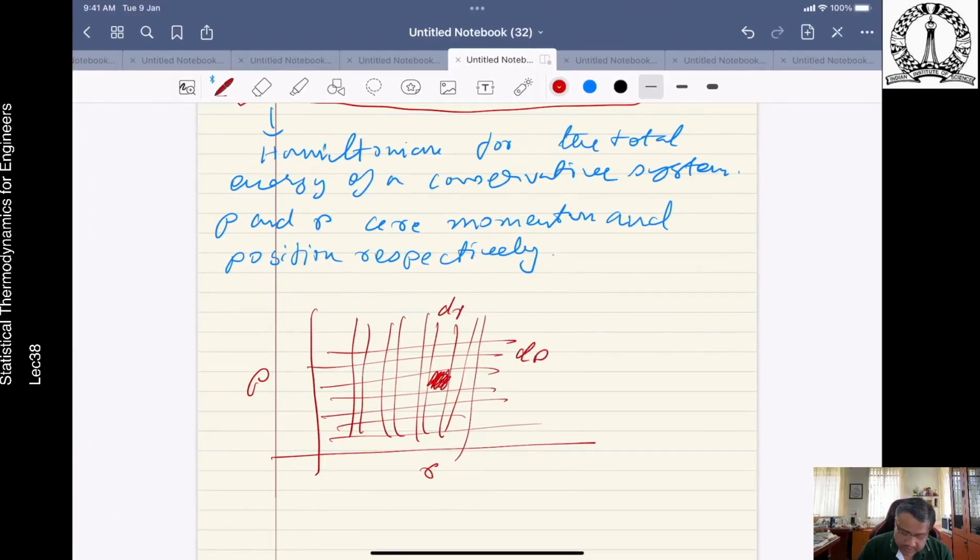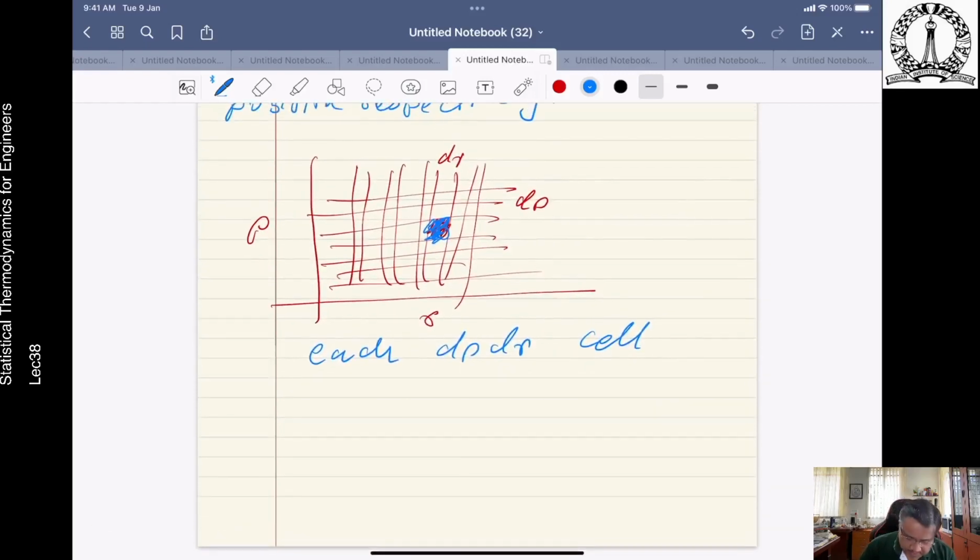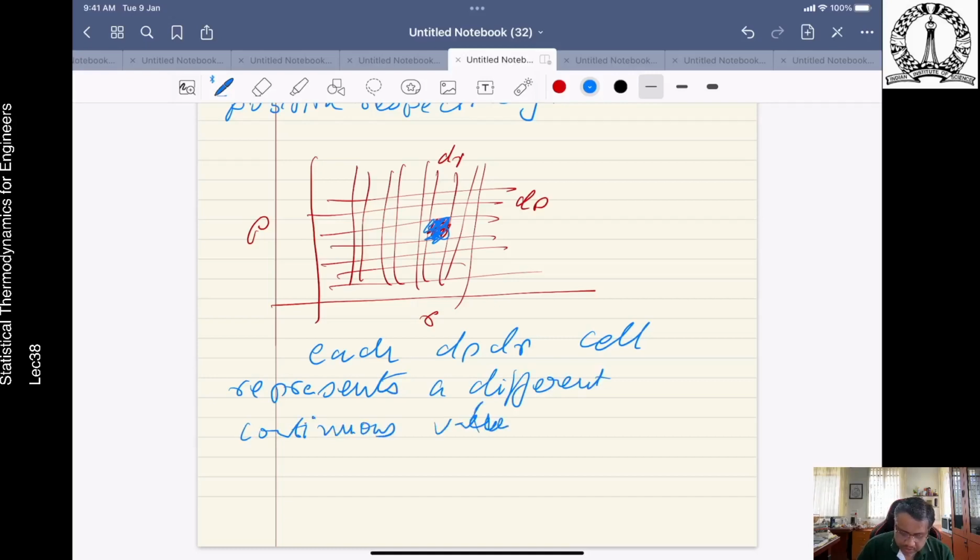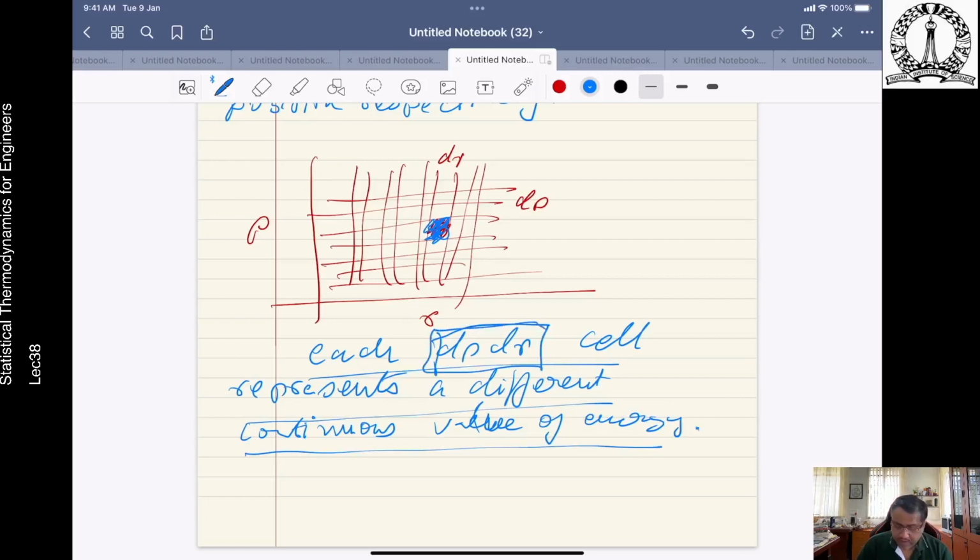If you look at this, each dp dr cell represents a different continuous value of energy.